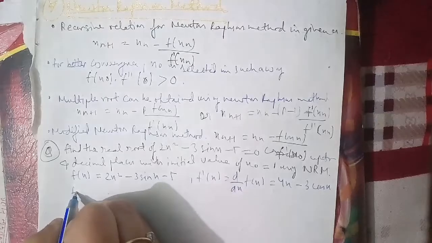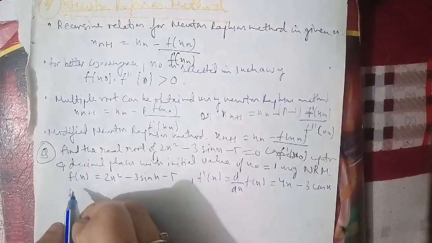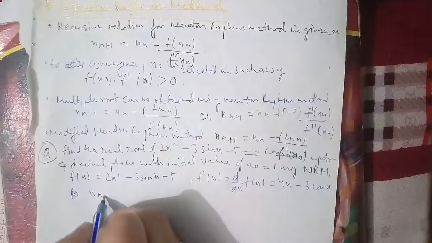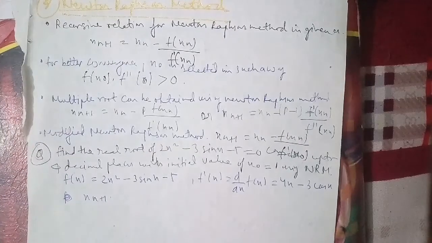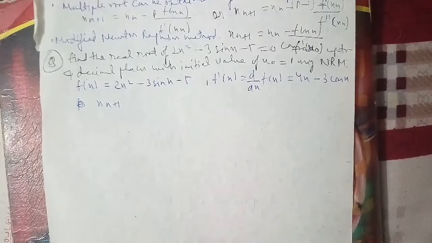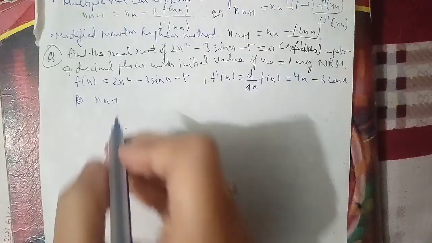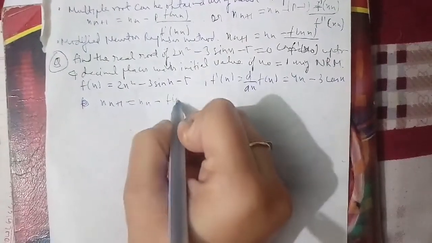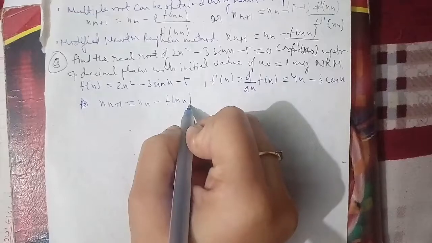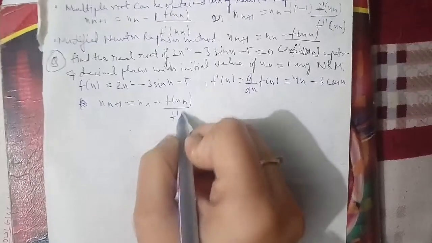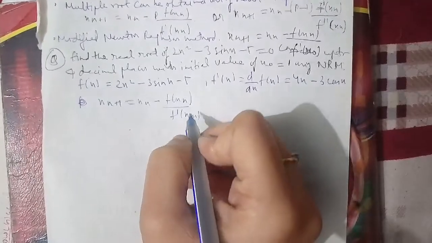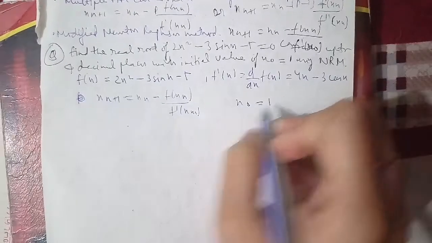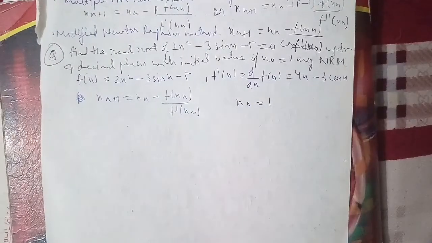By the Newton-Raphson method, the root is given by the formula x(n+1) equals xn minus f(xn) upon f dash (xn). The initial approximation is x0 equals 1, as given. We go ahead for iteration 1.